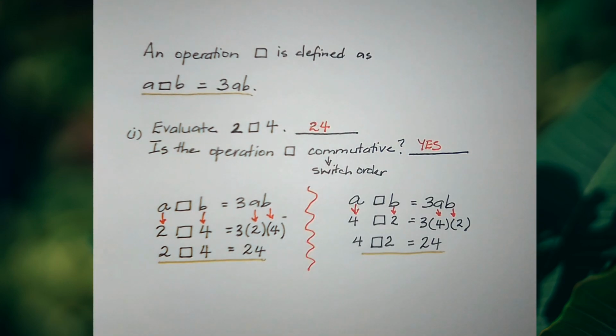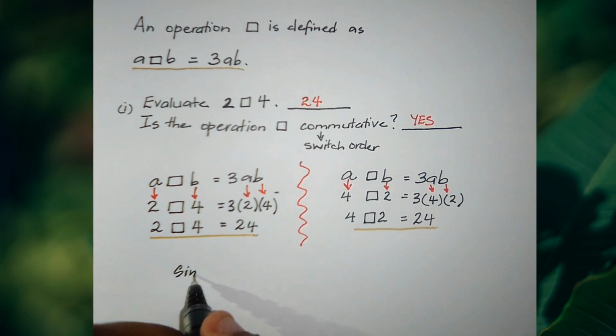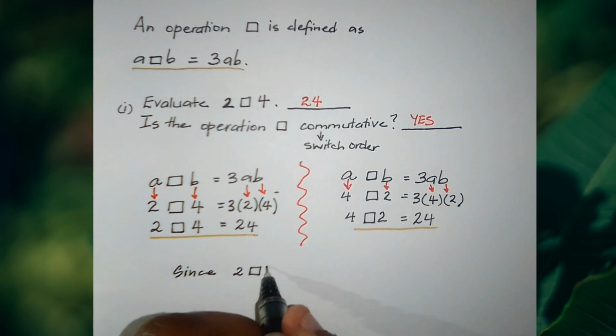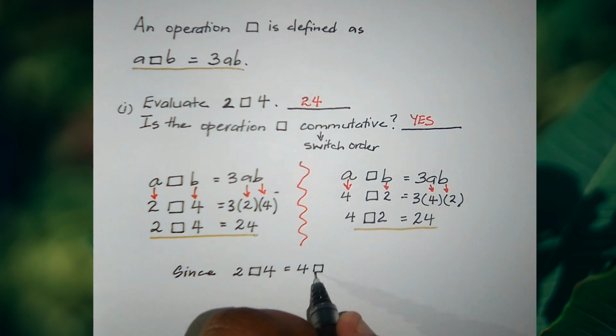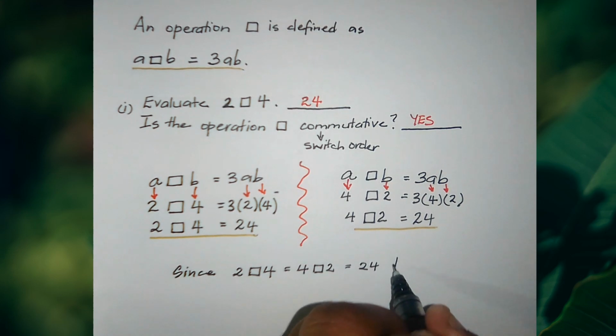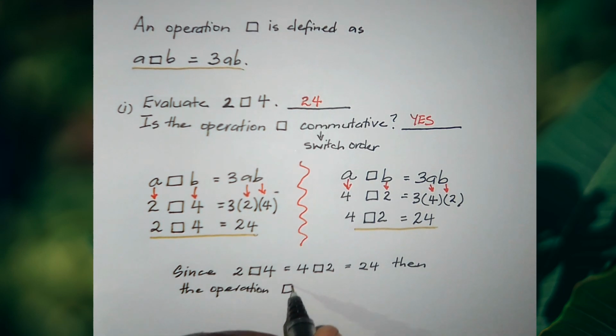And what I like to write is this nice sentence that says, since 2 box 4 is equal to 4 box 2, which is equal to 24, then the operation box is commutative.